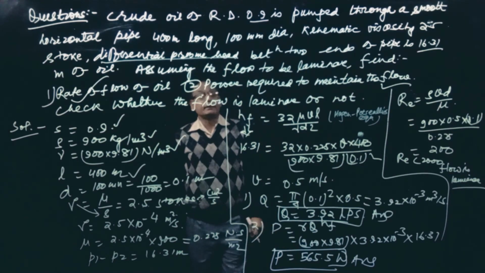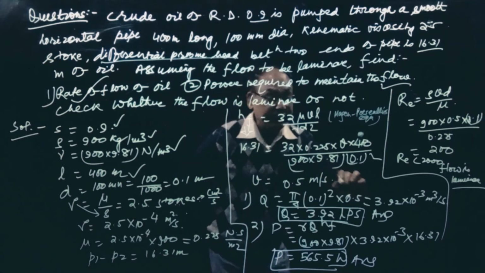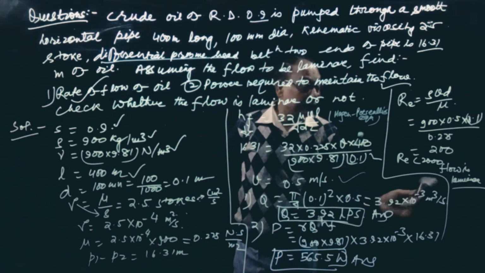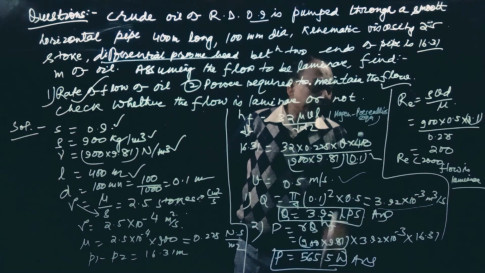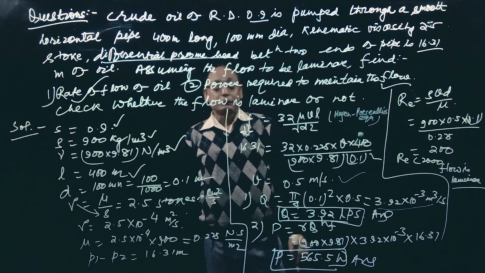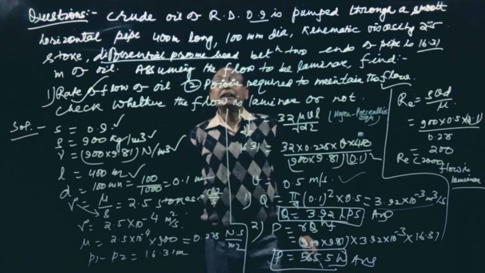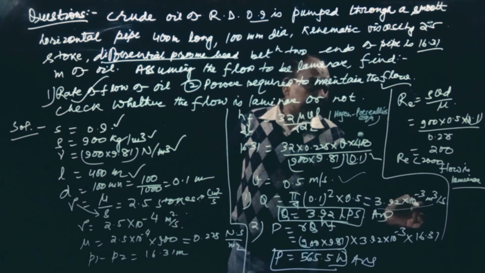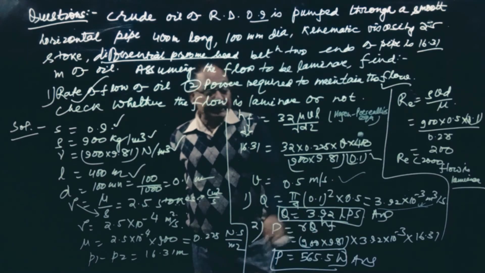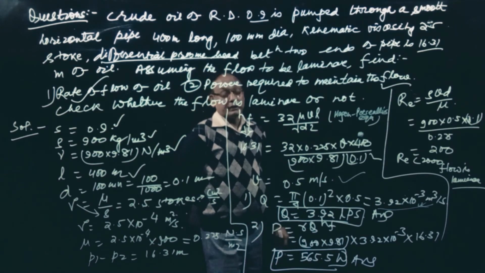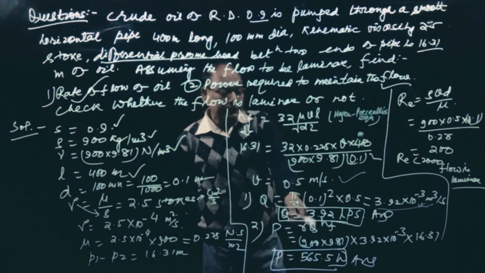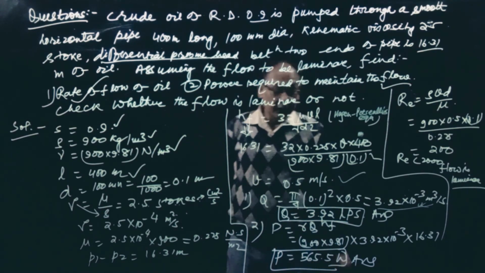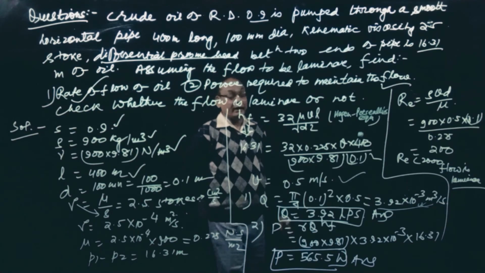Putting all the values, we will get the value of V. Discharge will be area into velocity, and we convert it into liter per second because the discharge in the question is given in liter per second. Power will be equal to gamma Q H. Gamma is given, Q we have found out, and hf is also given, so this is almost 565.5 watt.